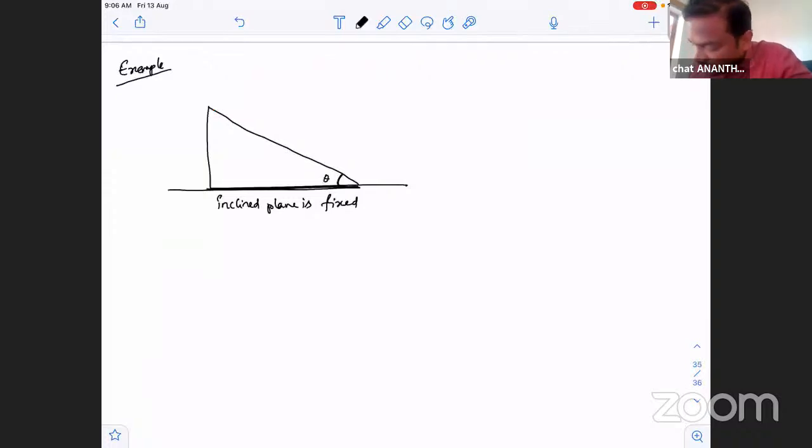Now if I release the object of mass m, then what happens? Already we discussed this part. All surfaces are smooth.